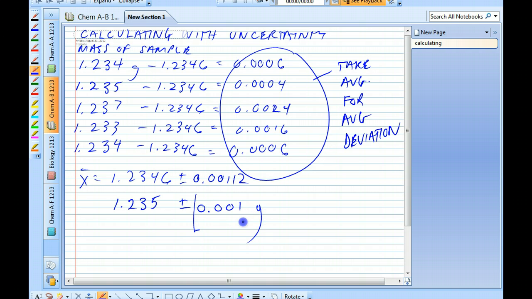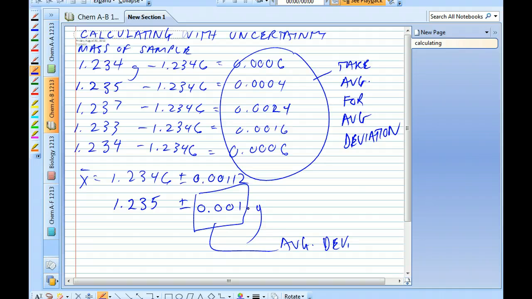This then is called the average deviation. And it's a little bit closer to the standard deviation. So we talked about maximum deviation, where we just picked the largest. So maximum deviation here would be 0.0024. If we want something a little bit more realistic, we'll use the average deviation, because this is going to be, using this right here, 1.235 plus or minus 0.001.